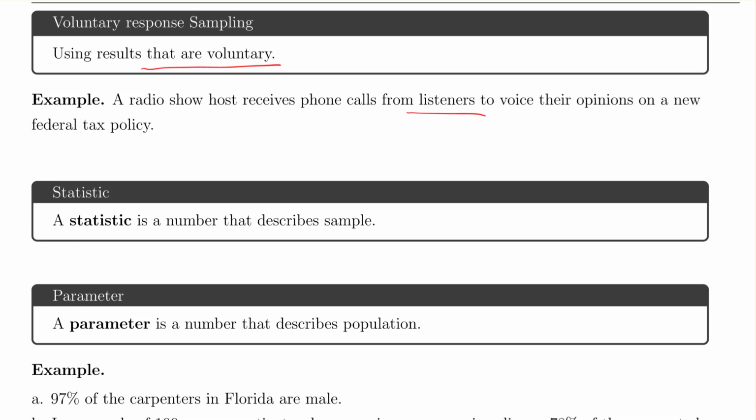It is more important for us to recognize when these are used when we look at a result or conclusion from a study. Similar to convenience sampling, one could argue that having voluntary response sampling is better than not having any. But the whole point of knowing these two potentially biased sampling methods is so that we can recognize when they're used.